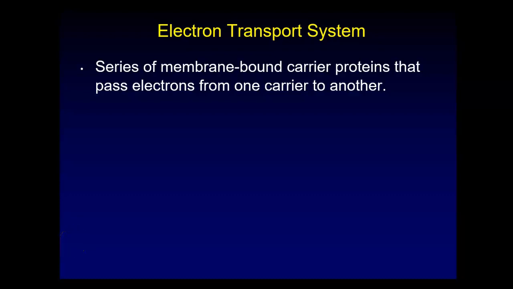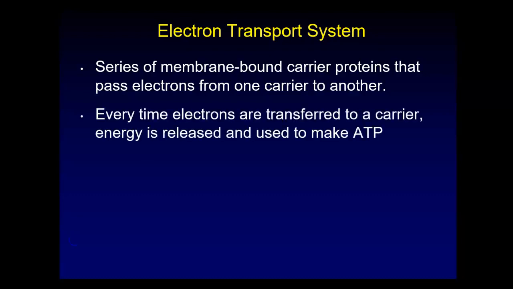And each time these electrons are passed from carrier to carrier, they lose energy. The other important thing is every time these electrons are being transferred, energy is going to be released and eventually used to make ATP. I will give you a brief overview of that system before we close out today.